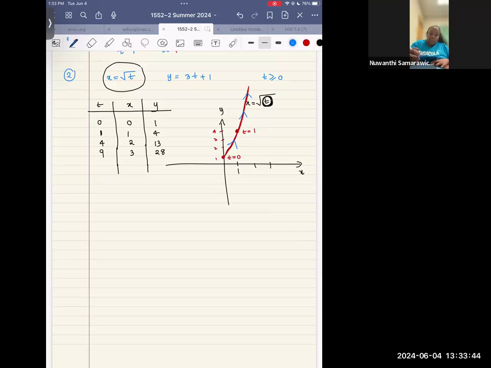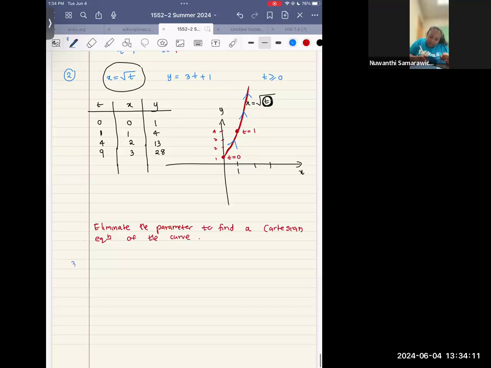So: eliminate the parameter to find a Cartesian equation of the curve. Let's do an example for that.